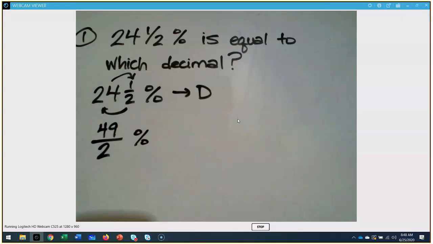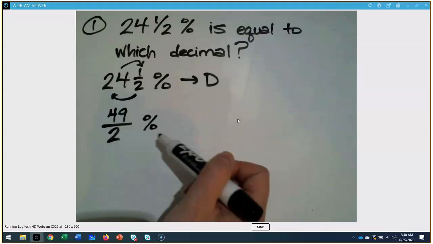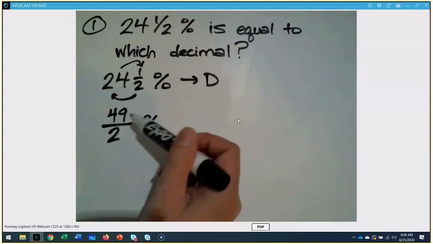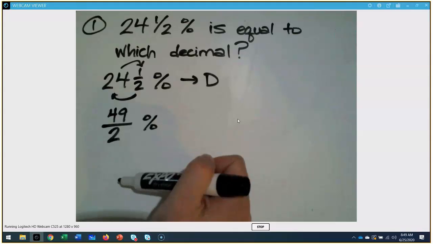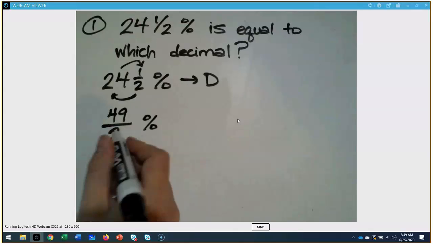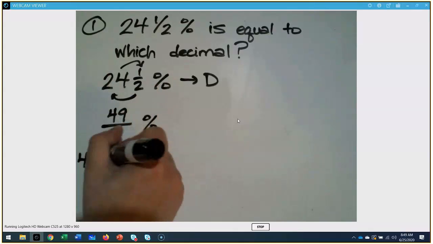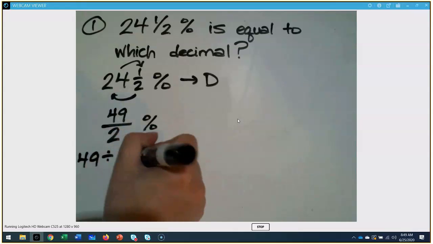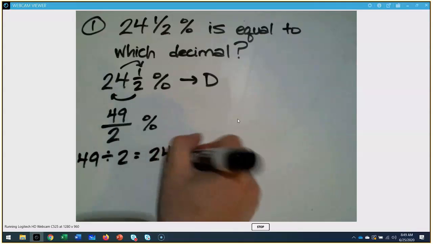The only thing that takes the percent sign off is dividing by 100, which I haven't done yet. So next, I'm going to do 49 divided by 2, and that'll get me a decimal with a percent still. It's going to give me 24.5.